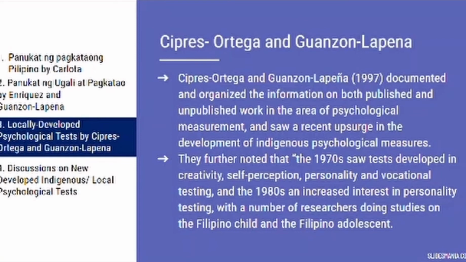They further noted that the 1970s saw tests develop in creativity, self-perception, personality, and vocational testing, and the 1980s an increased interest in personality testing, with a number of researchers doing studies on the Filipino child and the Filipino adolescent.